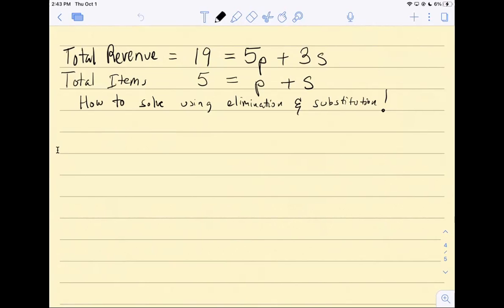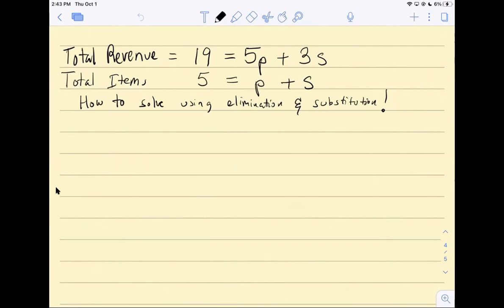Okay, so what I did was set up the equation so it would equal one of the letters. So 5 equals P plus S looked simpler to do. So what I did is I subtracted P from 5. So 5 minus P equals S. Hang on, Amy.